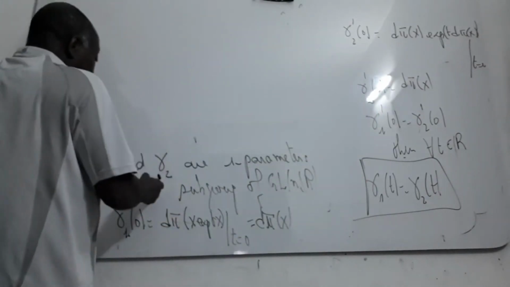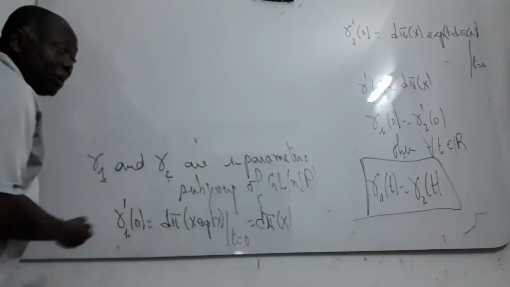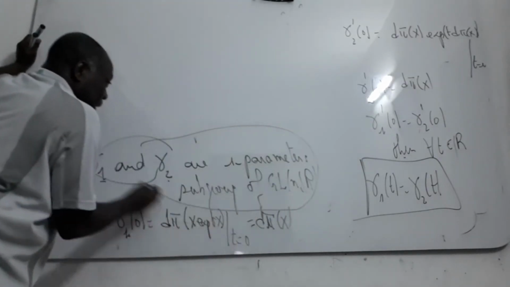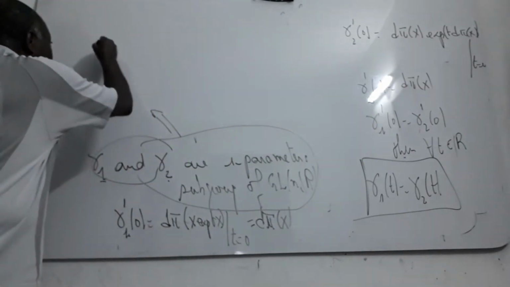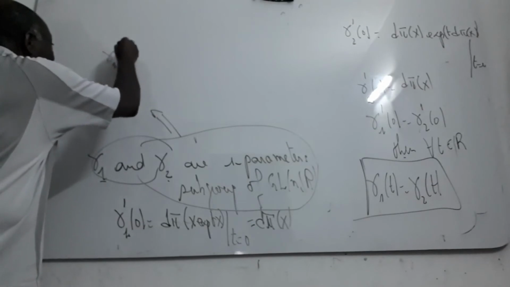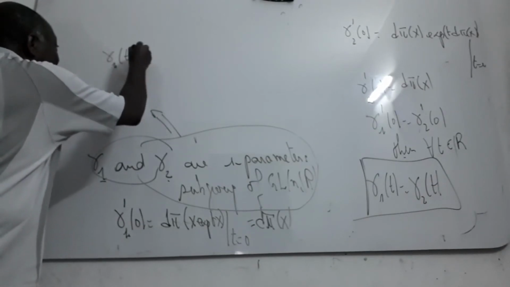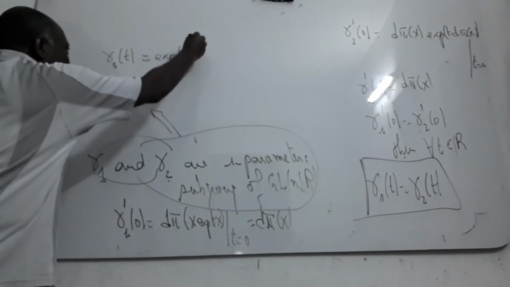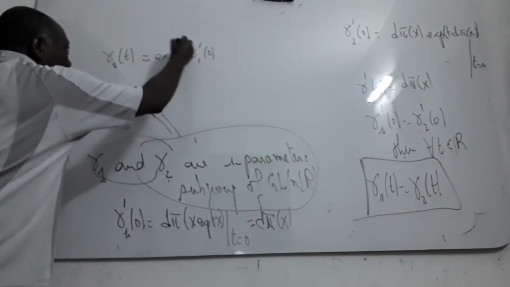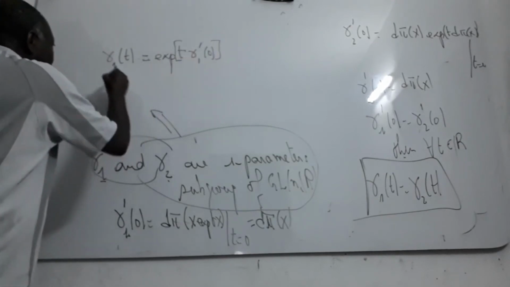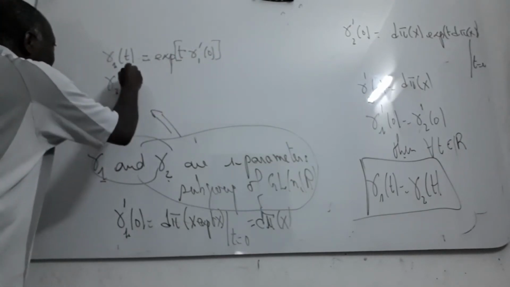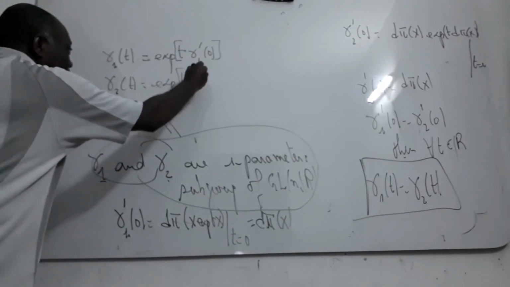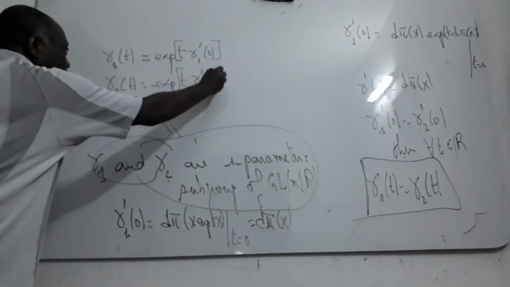Because gamma 1 and gamma 2 are one parameter subgroups, from here this means that gamma 1 of t is exactly the exponential of t gamma prime 1 of 0, and gamma 2 of t is the exponential of t gamma prime 2 of 0.